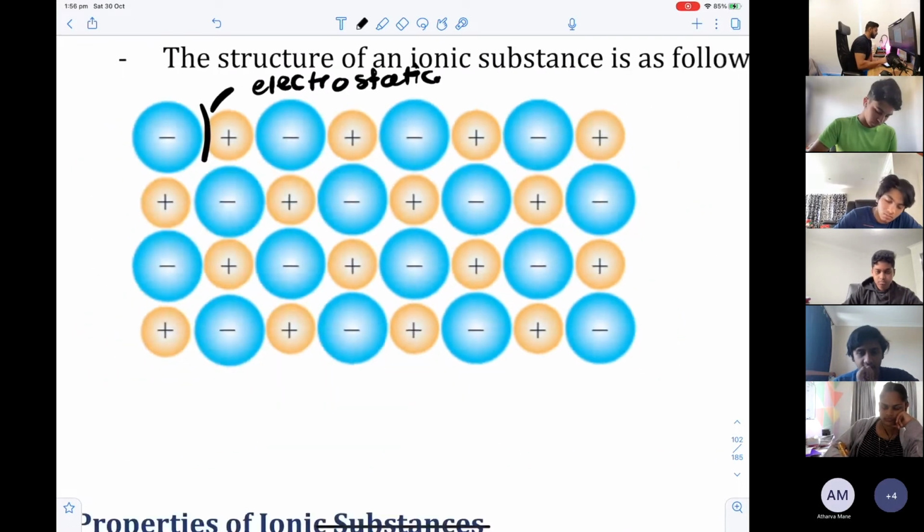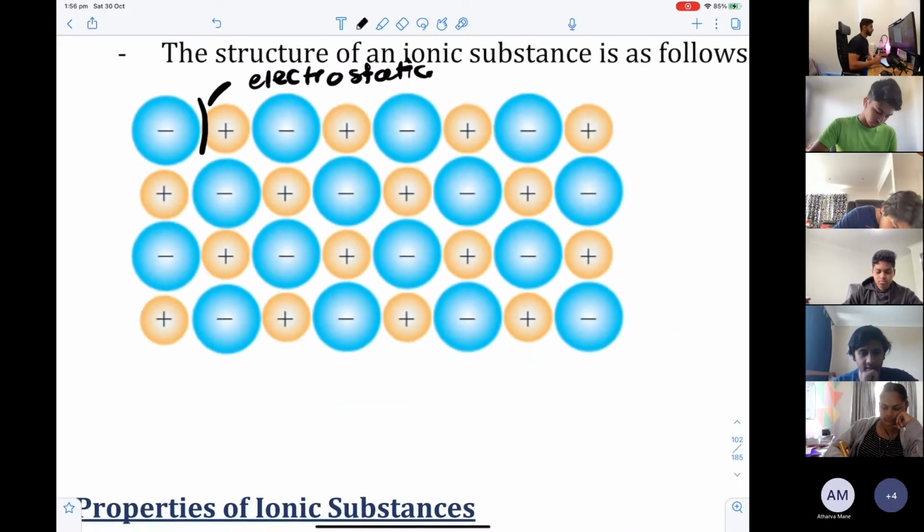Now, in year 11, you learned about different types of compounds, your covalent molecules, your covalent network, your ionic lattices, and your metallic substances. So who can tell me, how strong are these ionic or electrostatic bonds here? So Riyasat, if you had to compare this to covalent network, which bonds are stronger?